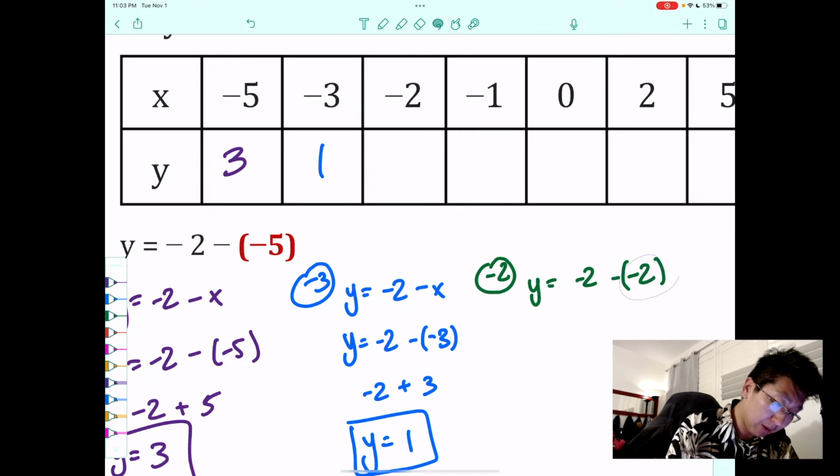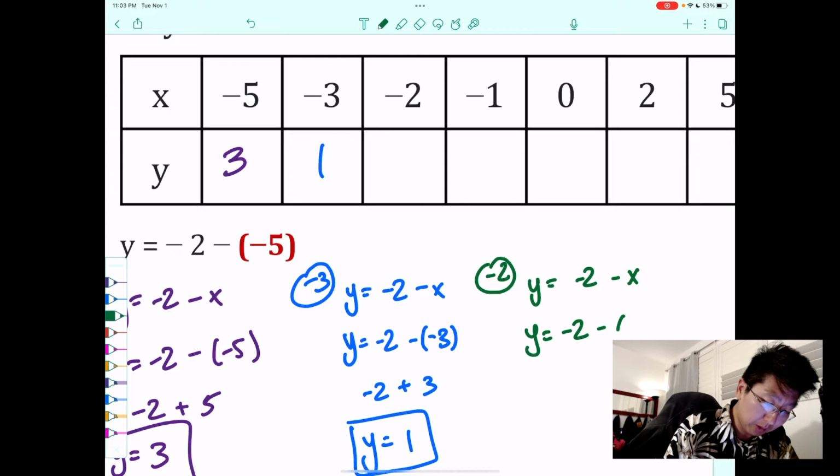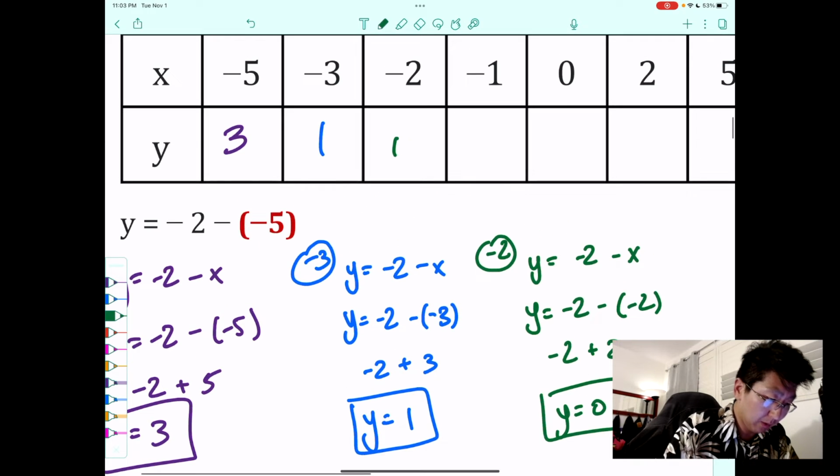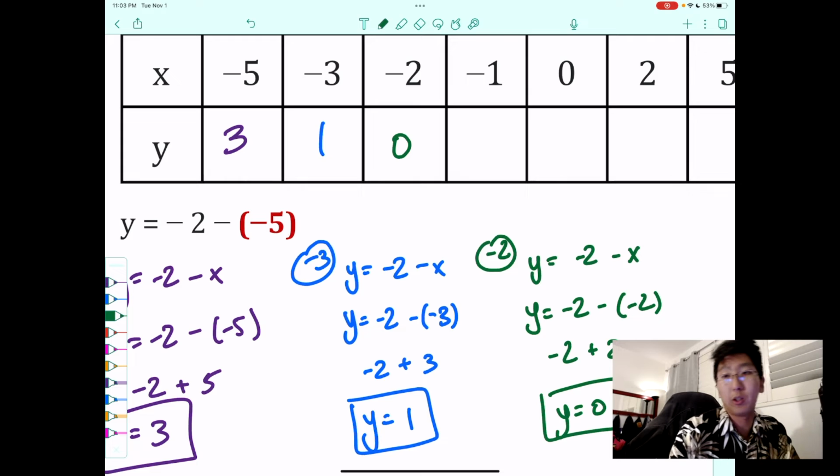I'll keep the pattern. -2 plus 2 is 0. Hopefully you're seeing this as a pattern.